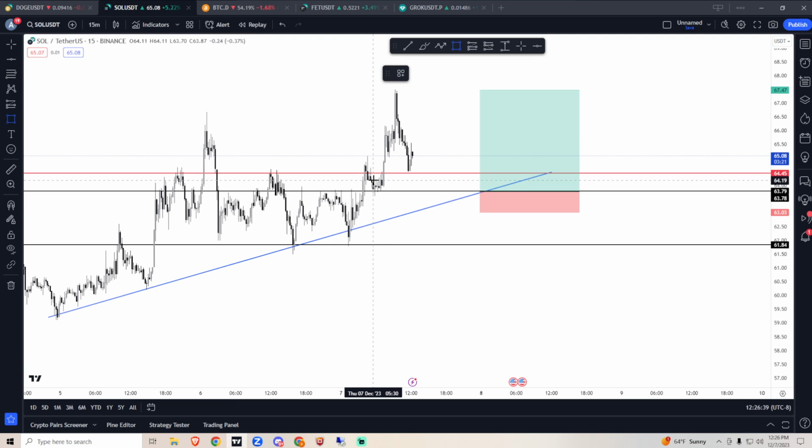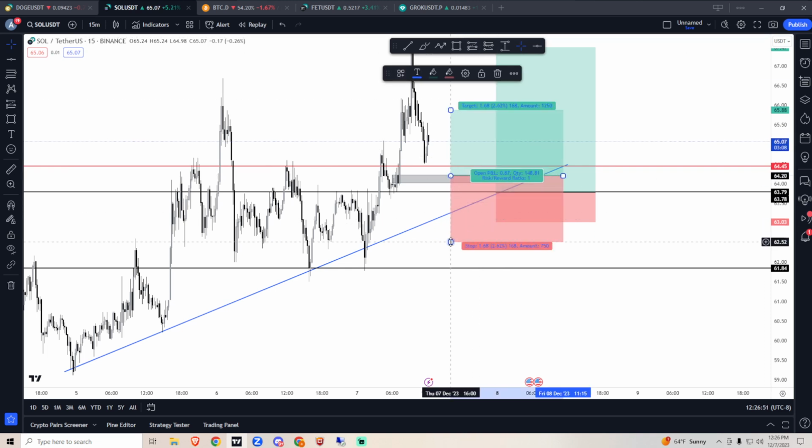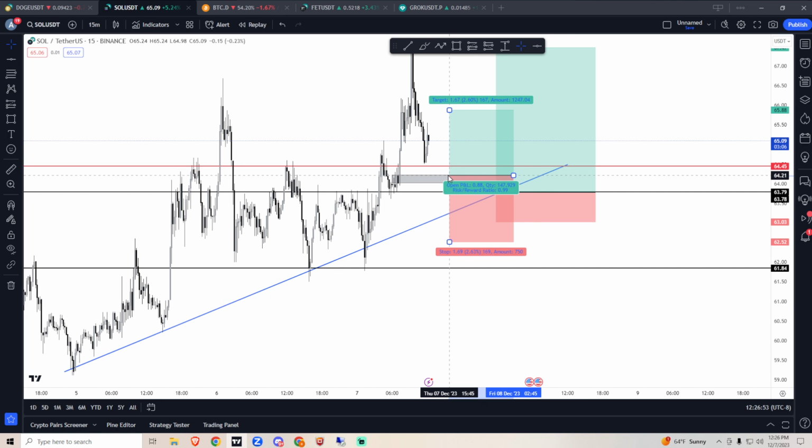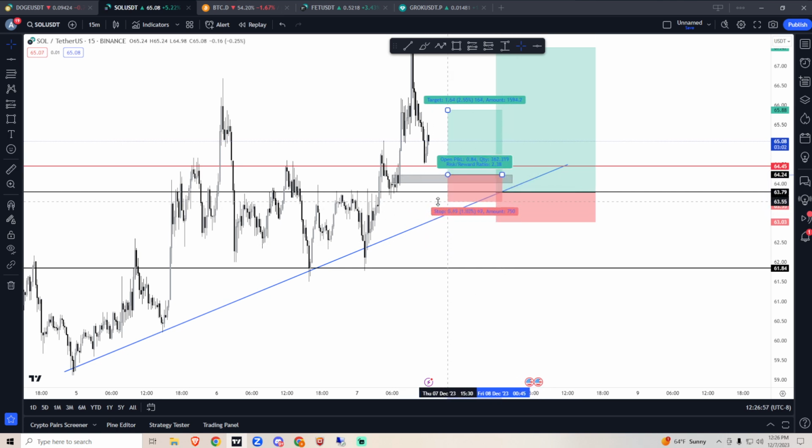We have a small little order block here, but it's like 20 cents. Okay, so your entry could also be this with DCA at the support line and stops below the wick.